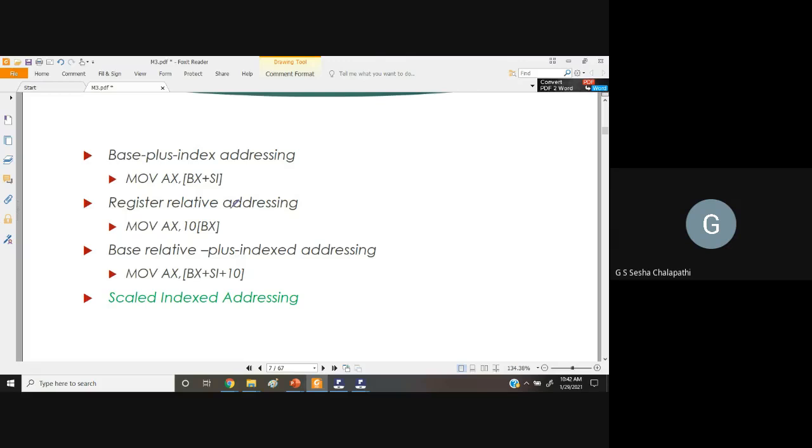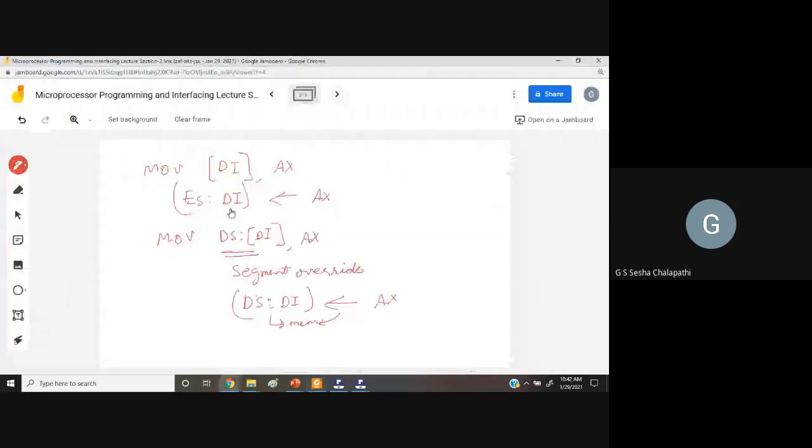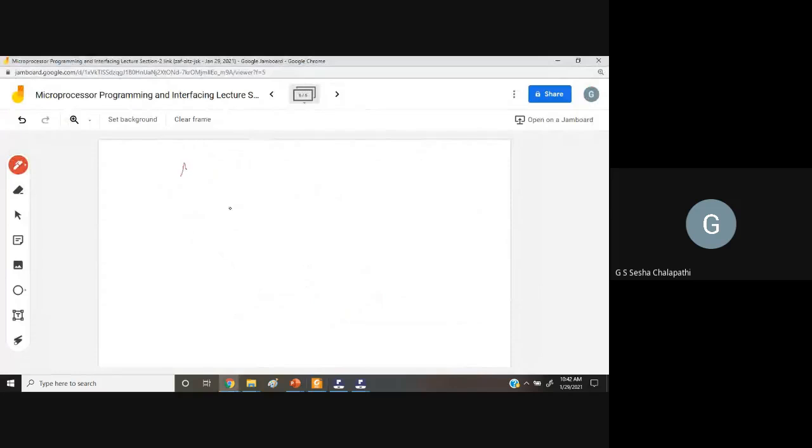Let's go back to the Jamboard again. MOV AX, [BX+SI]. Now let us take some values. DS, let us say, is 1000H. BX is 1200H, and SI is 0010H.